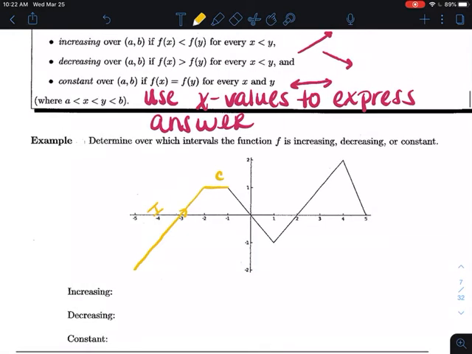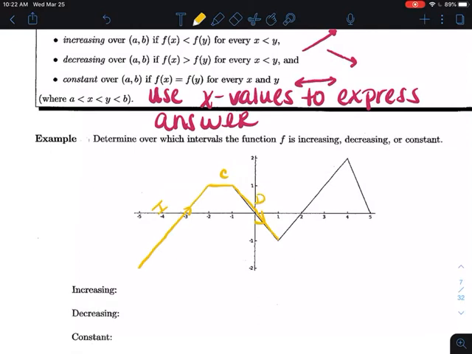And then in this direction I'm going down, this is decreasing. And then from this point forward, I'm moving in the upward direction, so this is increasing. And then this last piece here would be decreasing.